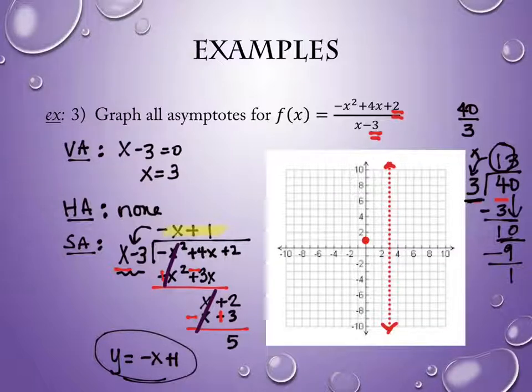And I've got a slope of negative 1, which would mean down 1 and right 1, like this. And I'm going to connect those 2 points with a dotted, slanted line. That's a slant asymptote.